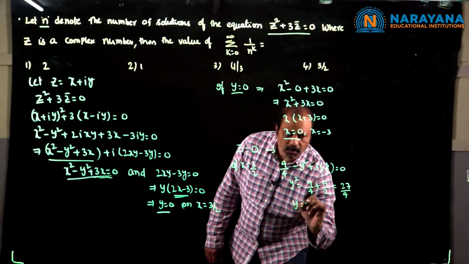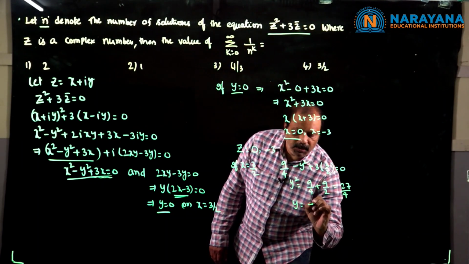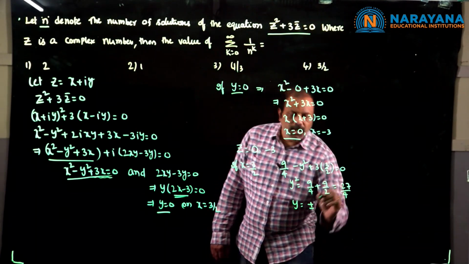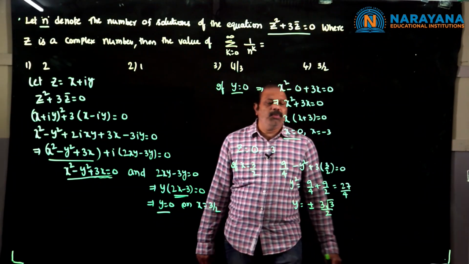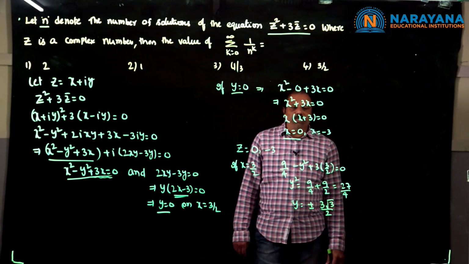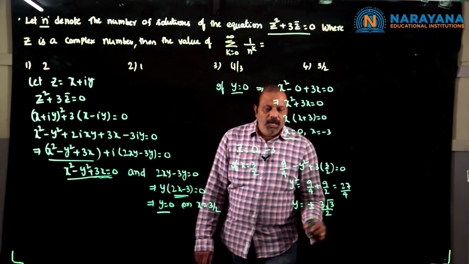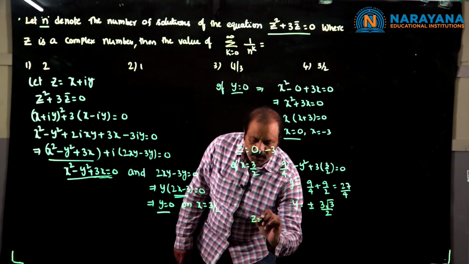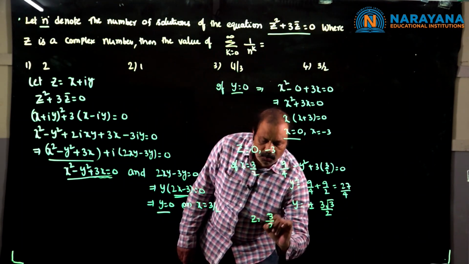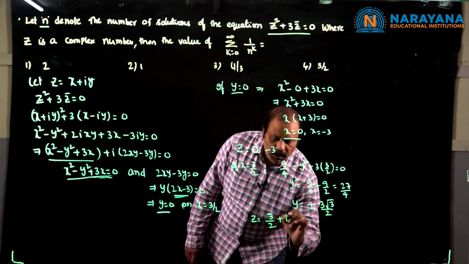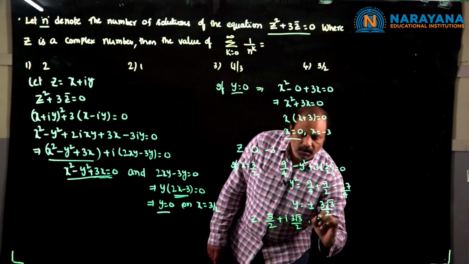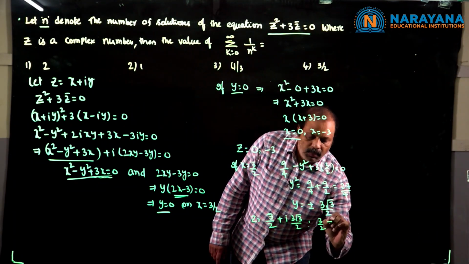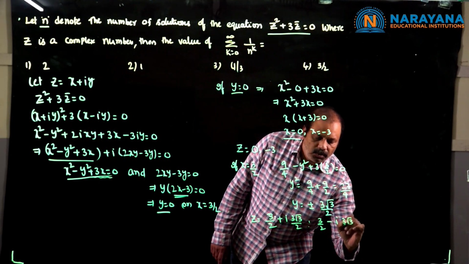Y will be equal to plus or minus 3 root 3 by 2. Here the possible complex numbers are z is equal to 3 by 2 plus i times 3 root 3 by 2, and the other one is 3 by 2 minus i times 3 root 3 by 2.